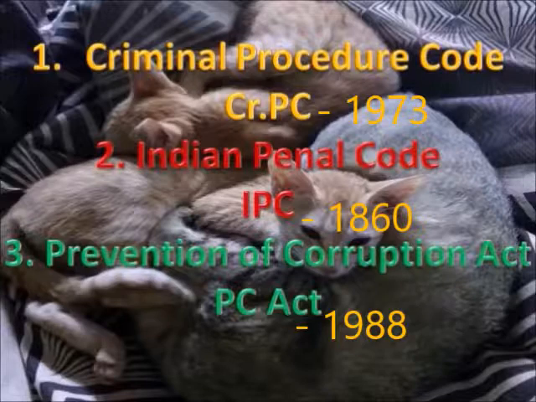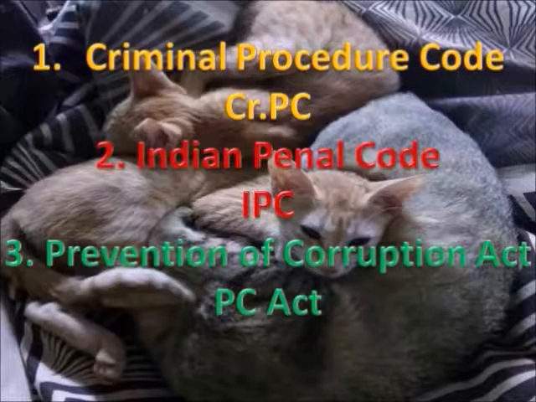These are the 3 acts which are very important in dealing with financial crimes, for that matter, any crime. So let us see elaborately the various important sections that deal with these crimes, and also who is a public servant and what are all the areas. This is with respect to financial crime.